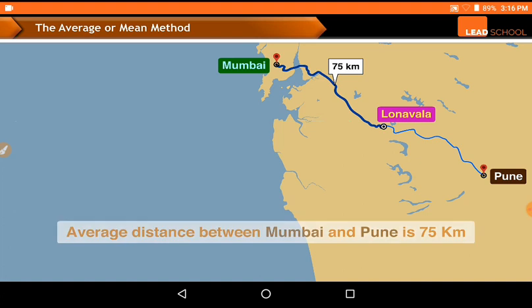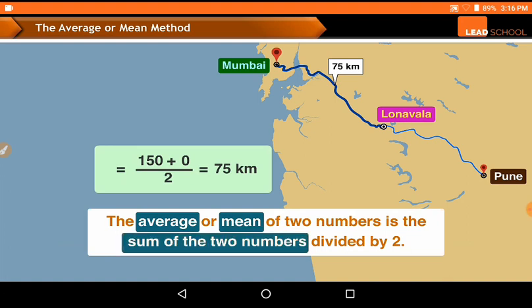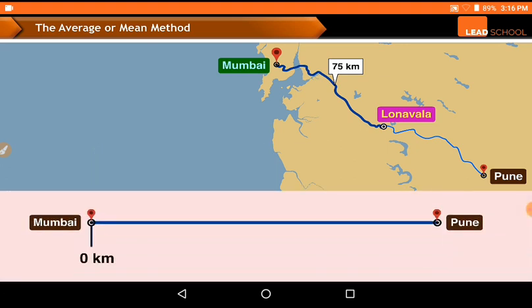It can also be called the average of the distance between Mumbai and Pune from the starting point. This shows that the average or mean of two numbers is the sum of the two numbers divided by 2. Also, the average of the numbers always lies between the two numbers.